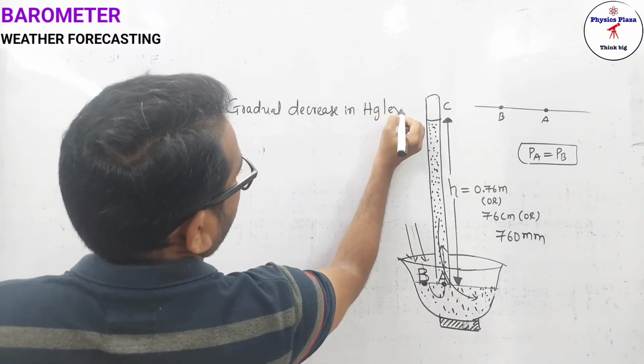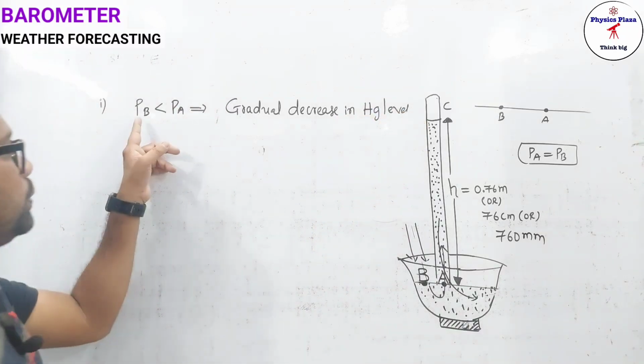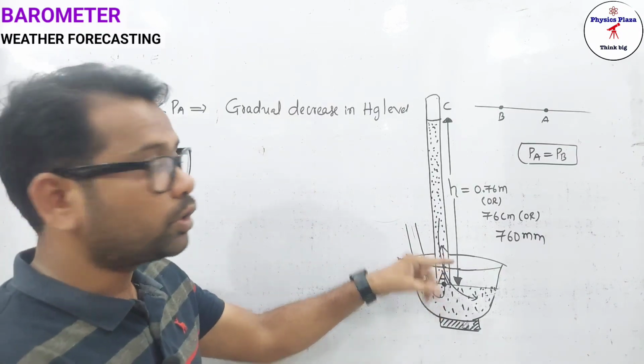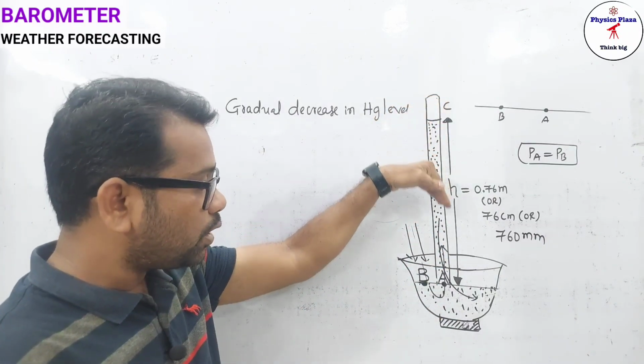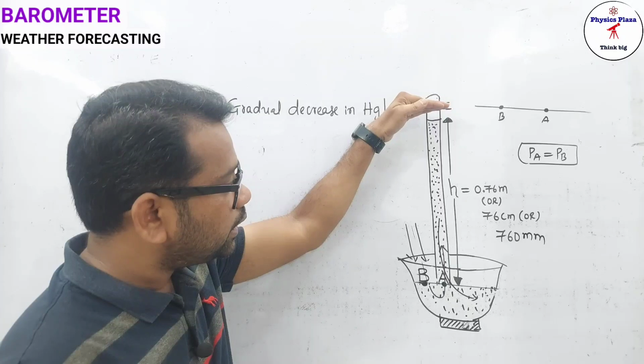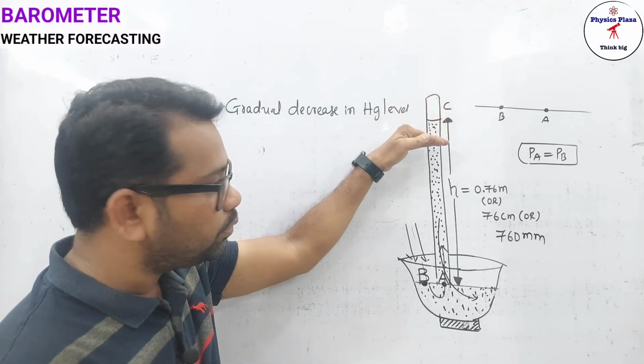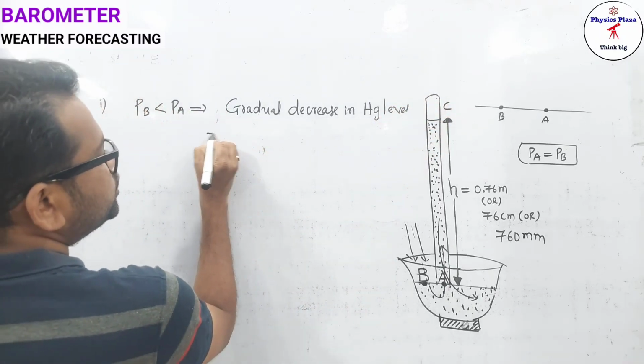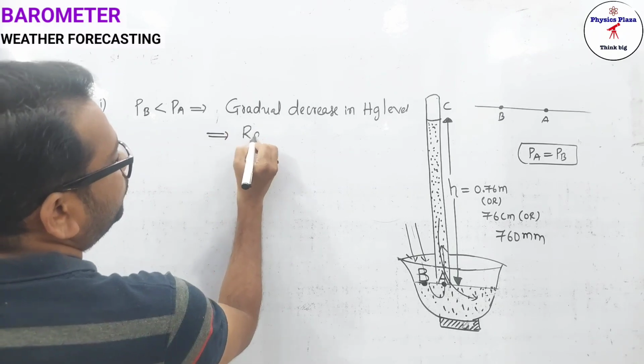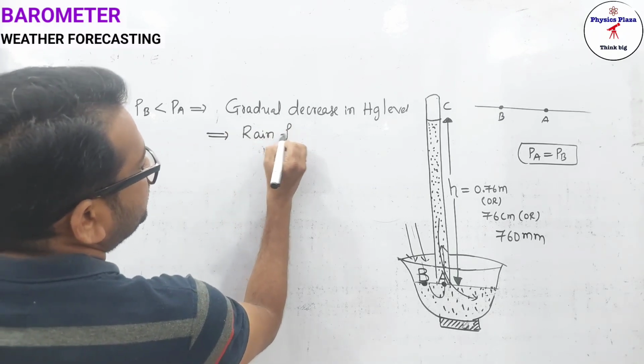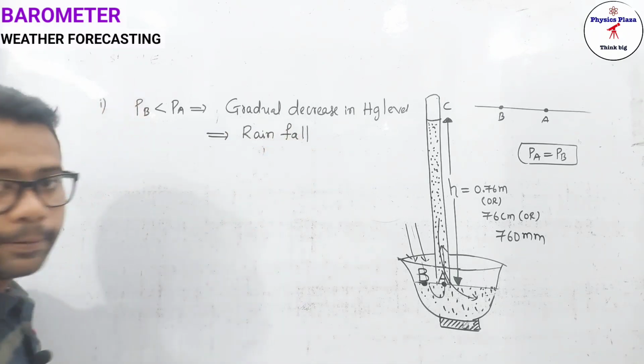Why? Outside pressure is less, inside pressure will be more, so the liquid will come out of this tube, and gradually the level of the mercury will decrease. This indicates rainfall. So we can say that yes, it is about to rain.